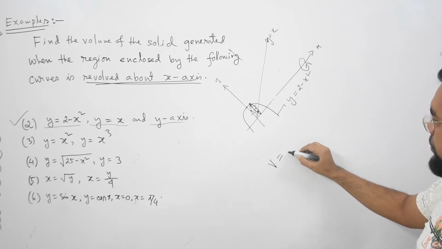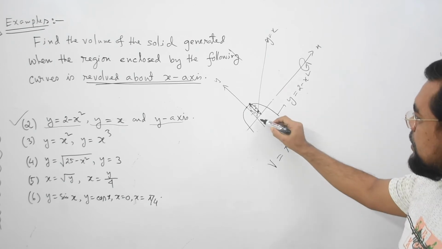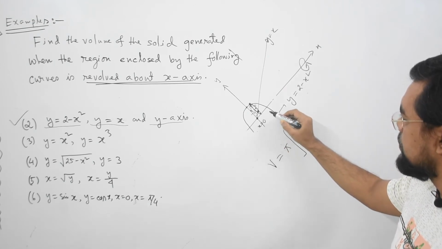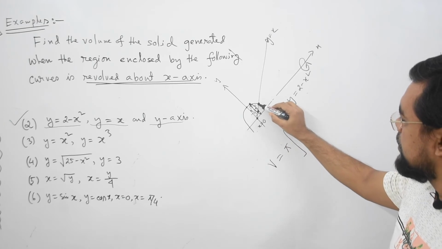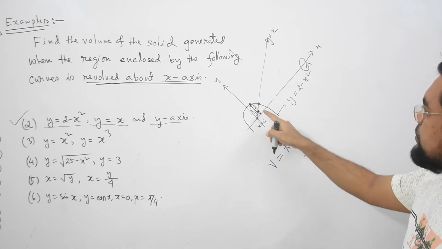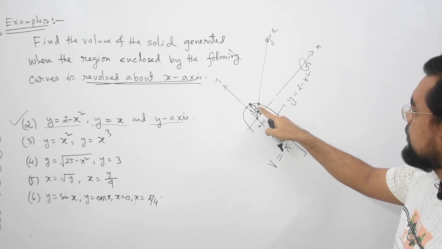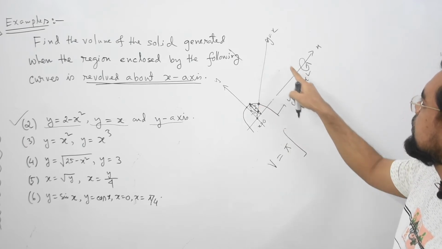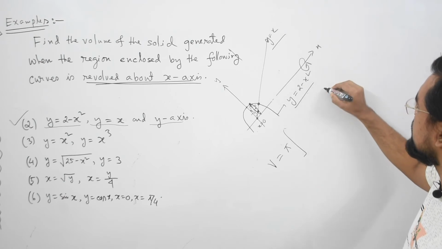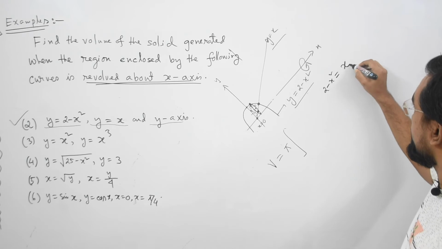So the volume will be pi, and x starts at here, x equal 0, and ends at here. So what is the coordinate of this point? In order to find the intersection of these two curves, let me equate these two equations. So 2 minus x square equal x.